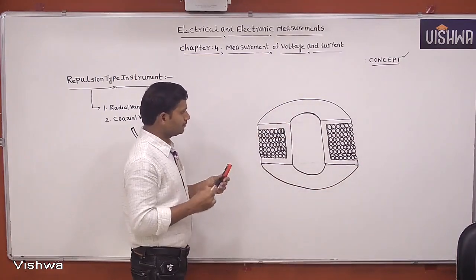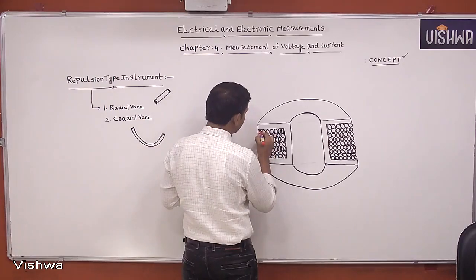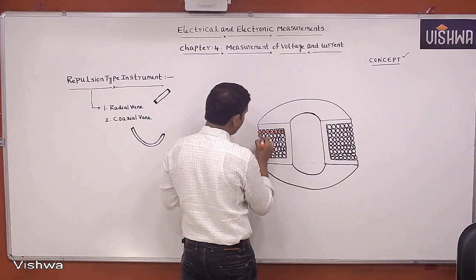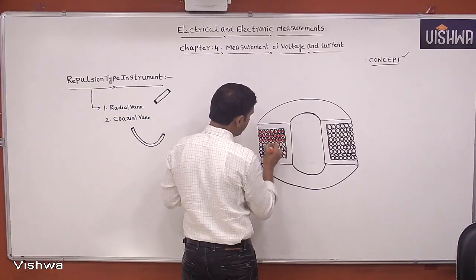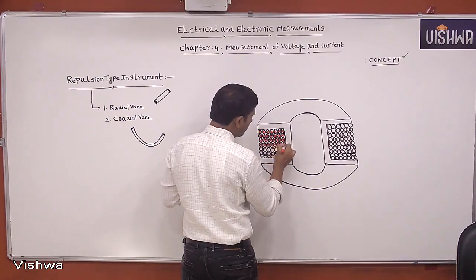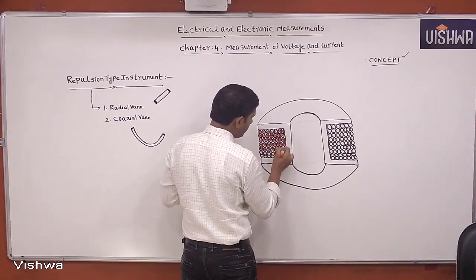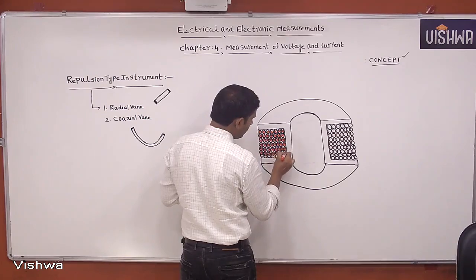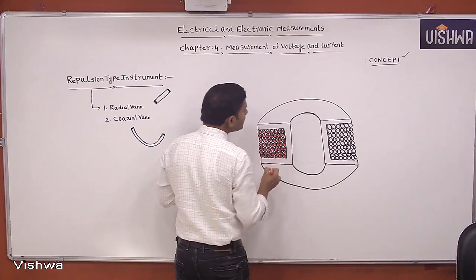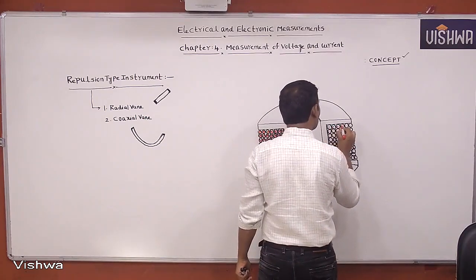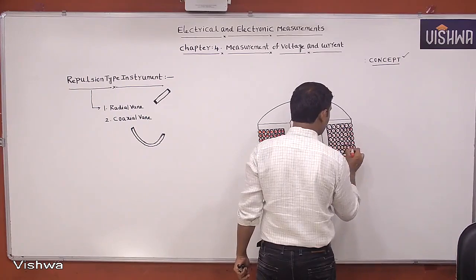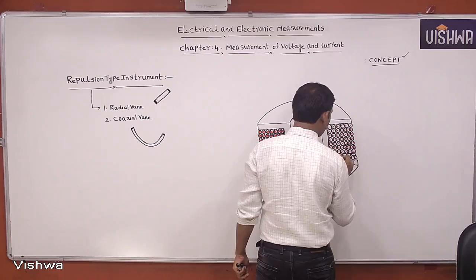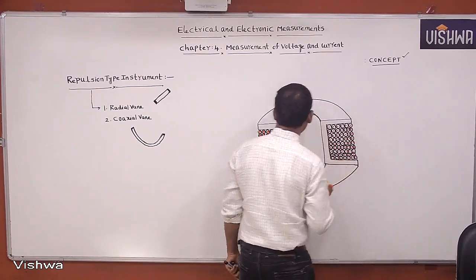This current entering is a cross. This current leaving is a dot.